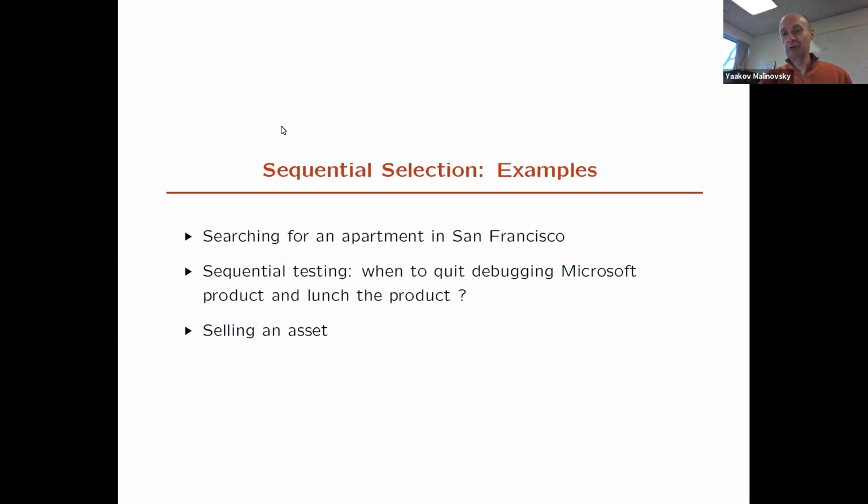Generally, the classical sequential selection problem in the literature, from the 50s, is the secretary problem. I will present and discuss this problem, and there are different approaches to solving different sequential problems, mostly case-by-case methods. Each problem depends on the information and on the reward function, and is solved in the literature case by case. What we try to do is solve all these different problems by one method.